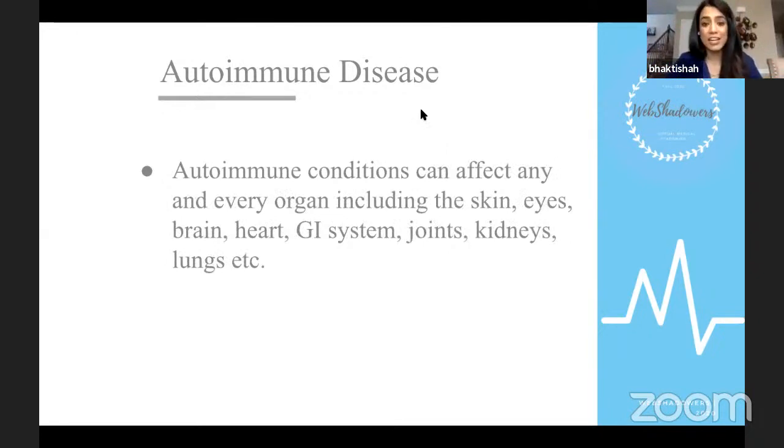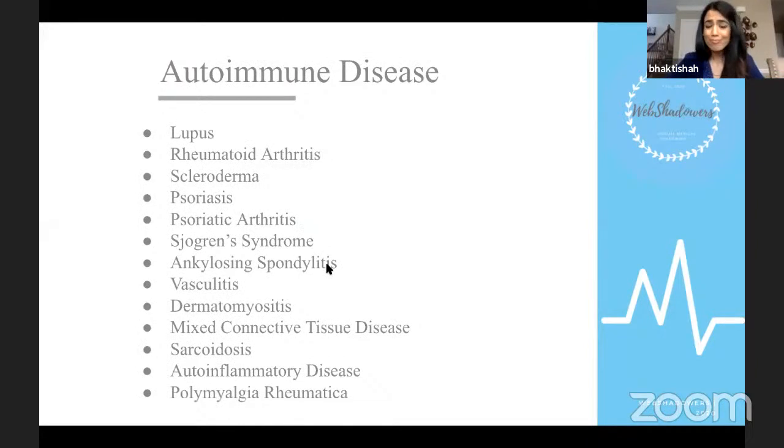So autoimmune diseases naturally can affect any organ system from head to toe. This includes skin, eyes, brain, heart, lungs, kidneys, your joints. Any organ system can be involved with autoimmune disease.